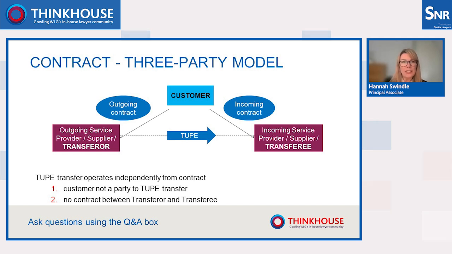Where there's a change in service provider, the TUPE transfer of the employees goes directly from the outgoing supplier to the incoming supplier. But there's no direct contract between these two suppliers. And so TUPE works independently from the actual contracts which sit between the supplier and the customer. And the customer itself is not a party to that TUPE transfer.